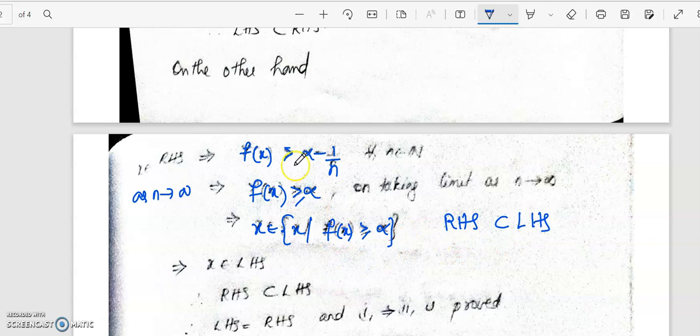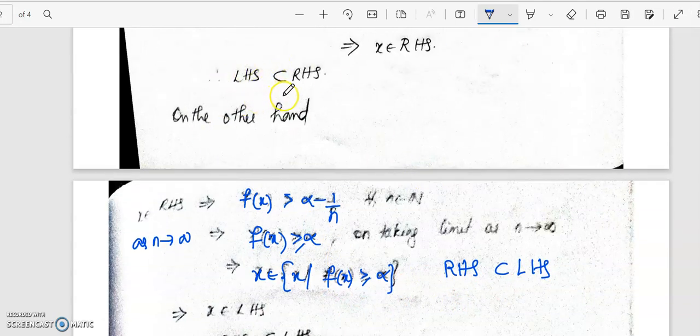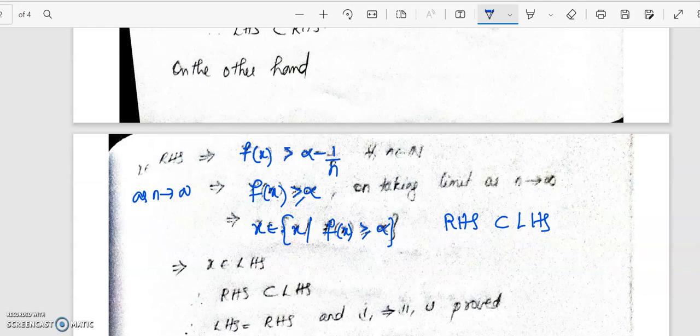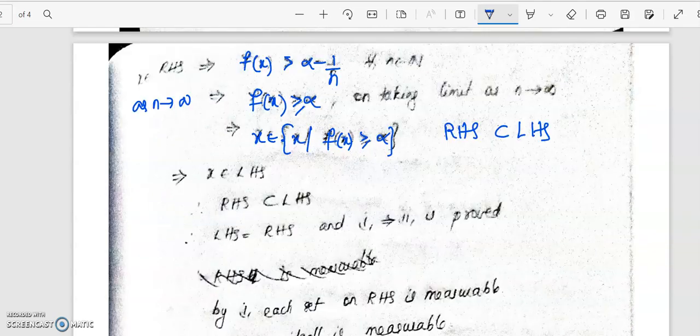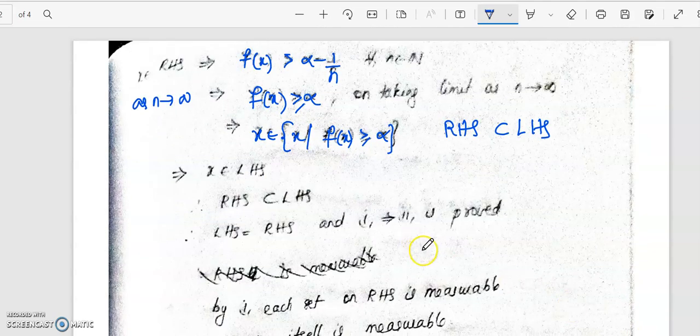Using these two results, we got LHS contained in RHS and RHS contained in LHS. So we can now conclude that LHS is equal to RHS.